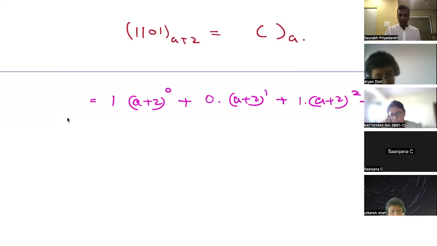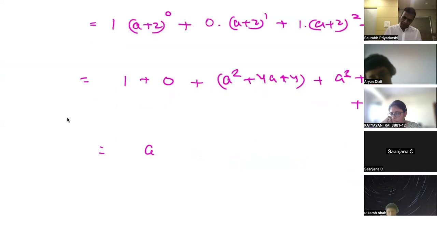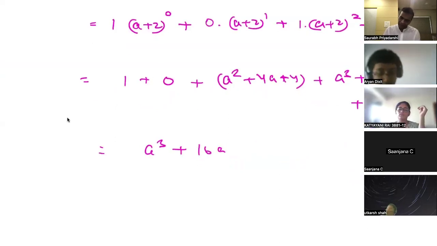So after solving this, what you are getting: this is 1 only, this is 0 only, this is a square plus 4a plus 4, plus a cube plus 3 into 4, 12, a, plus 6a square plus 8. So this is a cube plus 10a square, sorry, plus 6a square, no? 6 plus 1, 7.